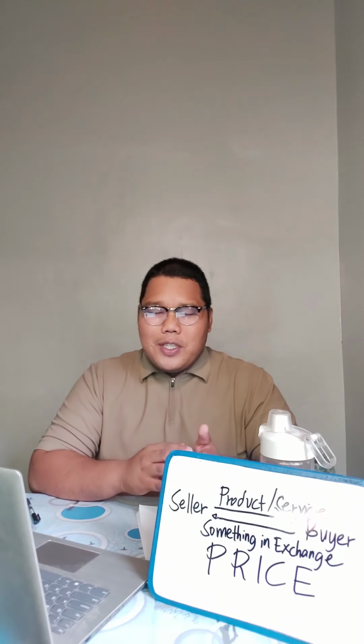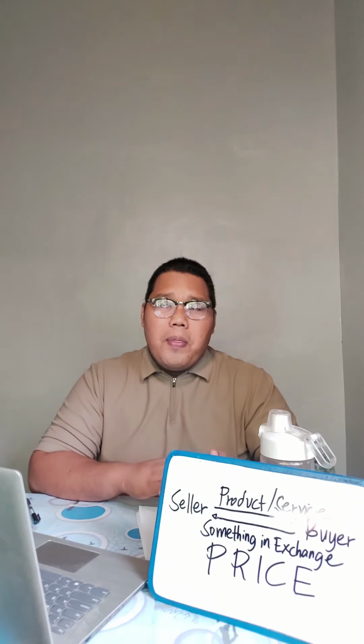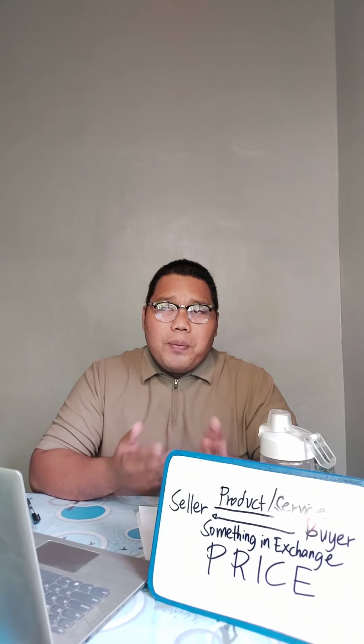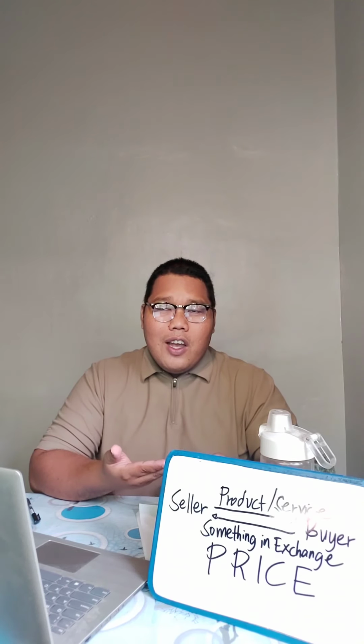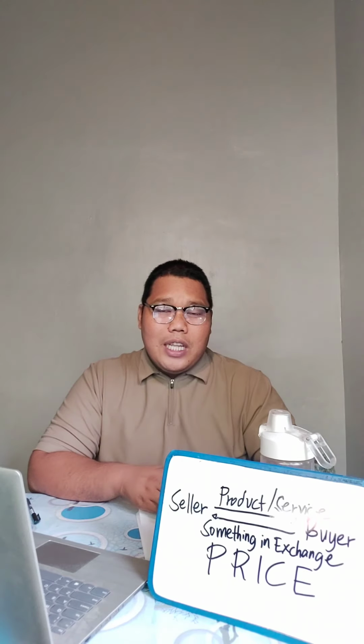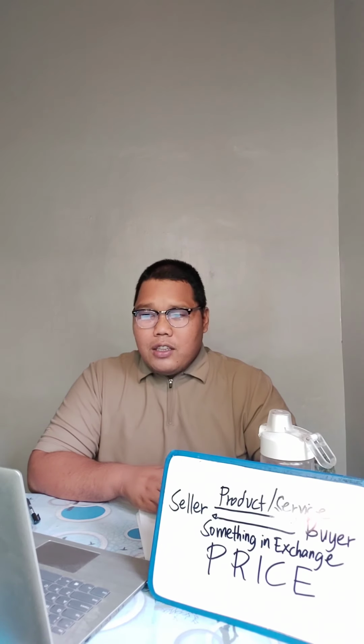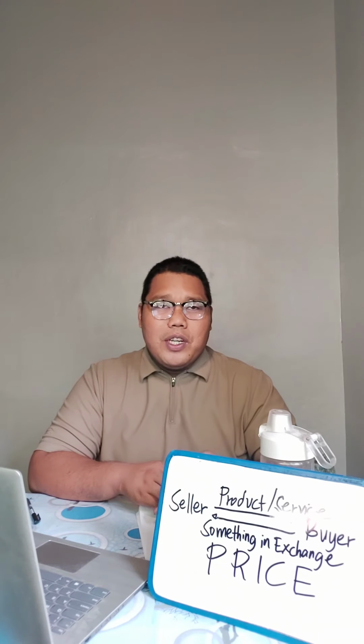So the asking or selling price is, for example, the seller requested 100 pesos for you to buy his product. And your buying price, you bid 50 pesos. So that is the bid price. Again, the selling price or the asking price of the seller is 100 pesos.